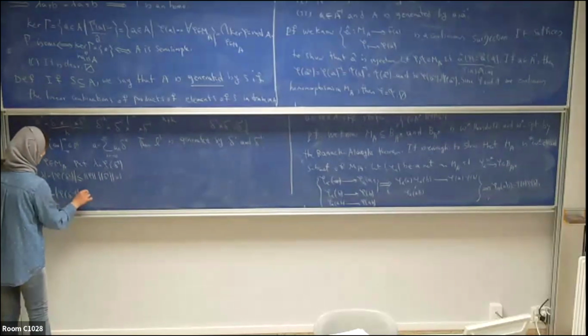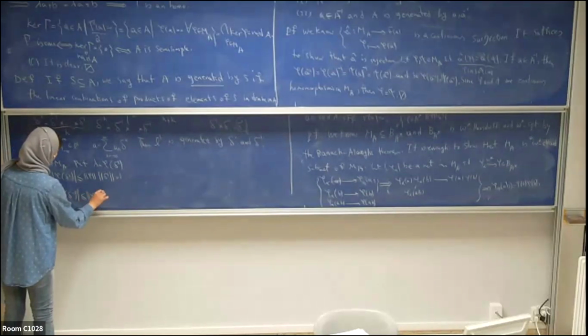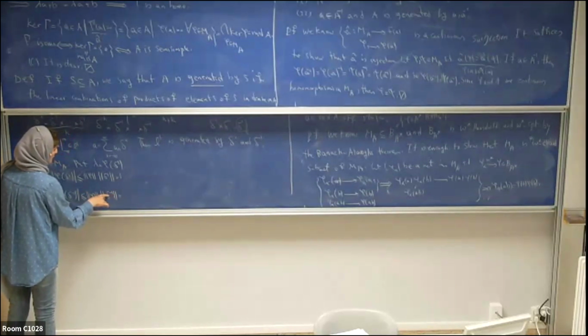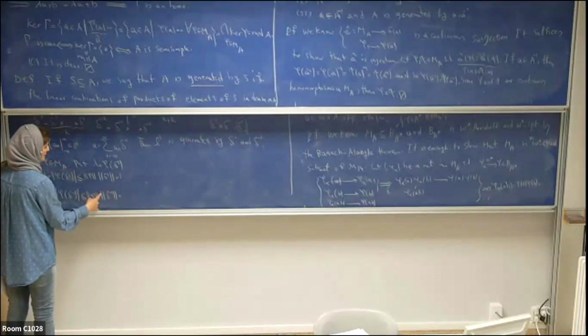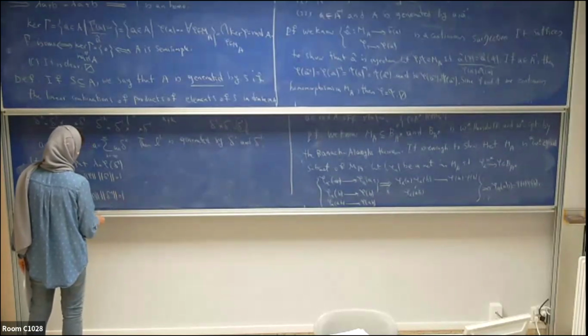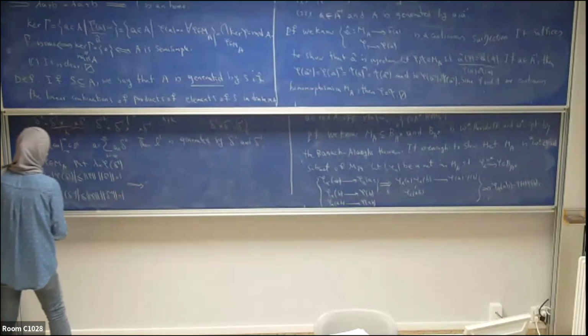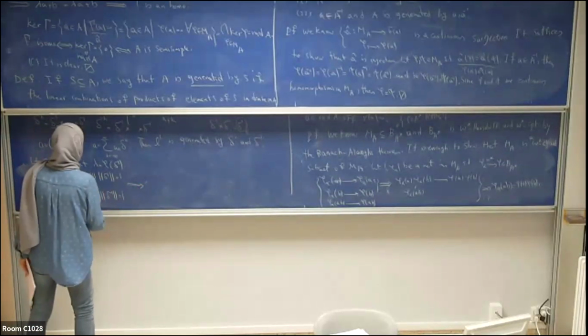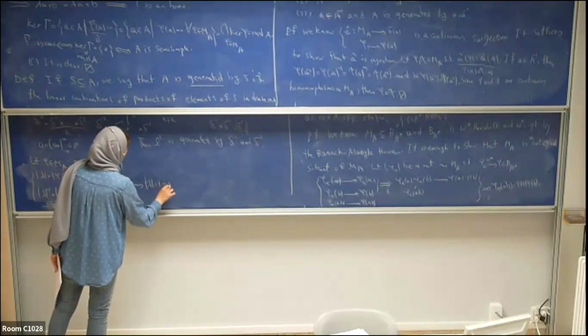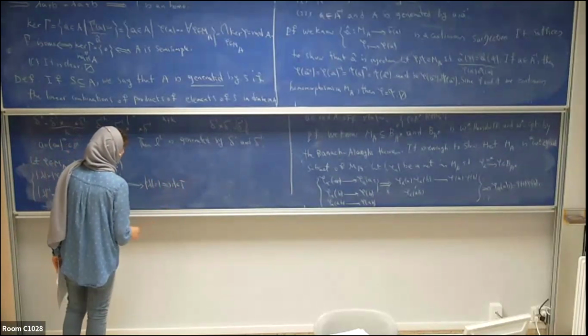And again, this is 1. The norm of this element, where just when n is minus 1 it is 1 and the other part is 0, is just 1. And so we get the absolute value of lambda is 1, lambda in T.